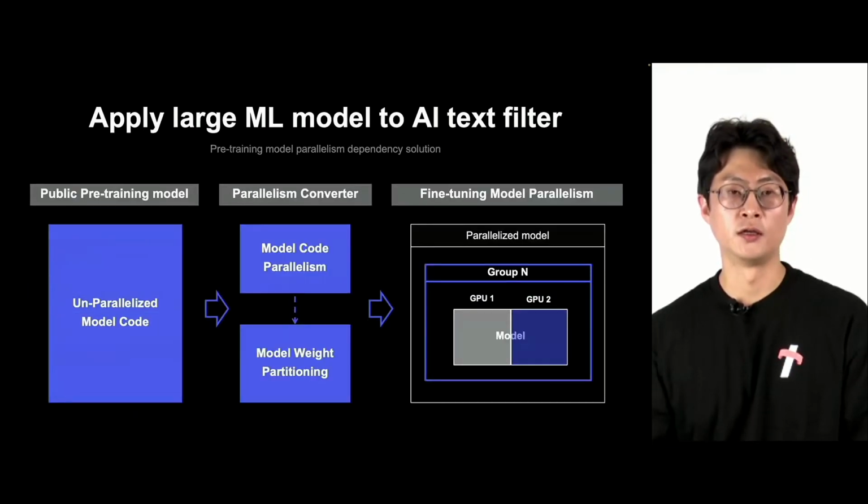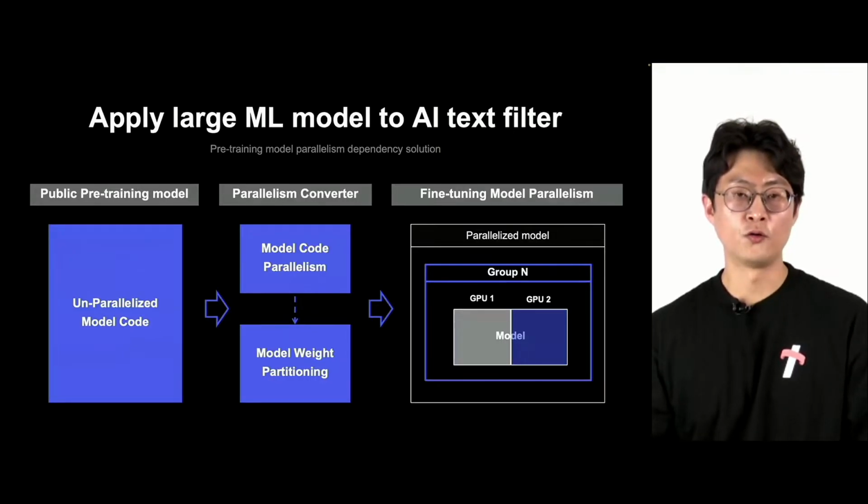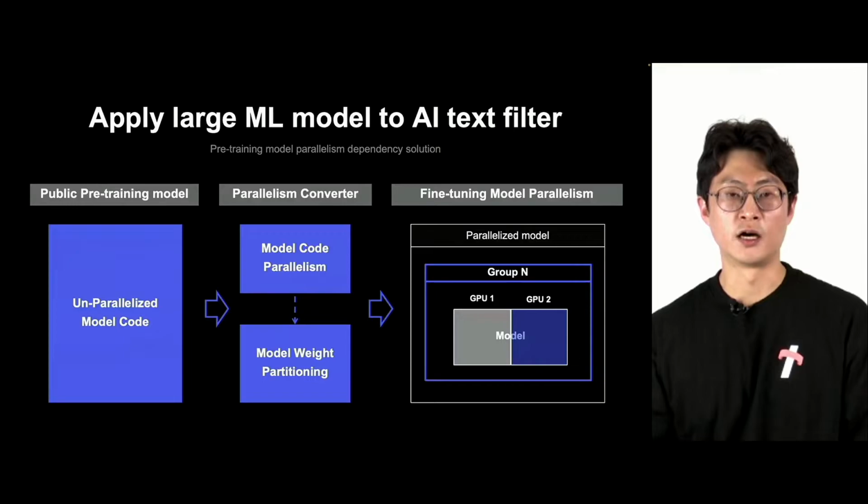So to summarize all the processes, for the public pre-training model that is not parallelized, you need to convert it to enable parallelism. There is parallelism for the model code and partitioning for the model parameters so that you can upload the model. As a result, even if the public pre-training model is not parallelized, you could use the parallelism converting algorithm to solve the dependency issue.